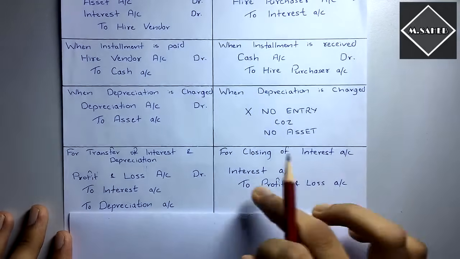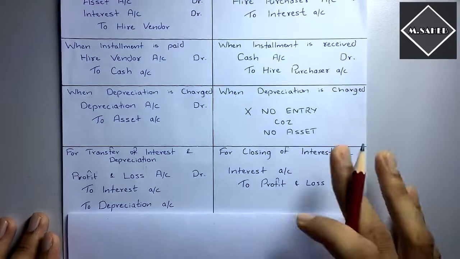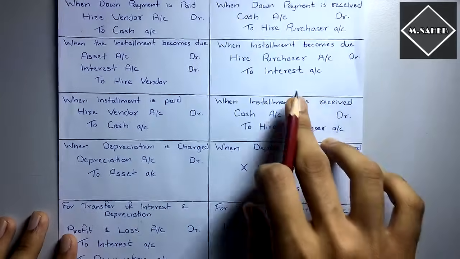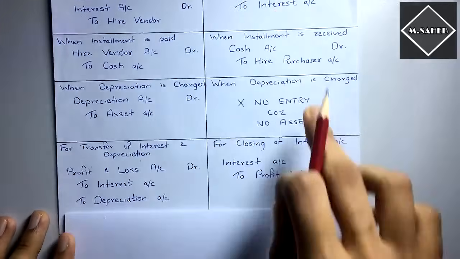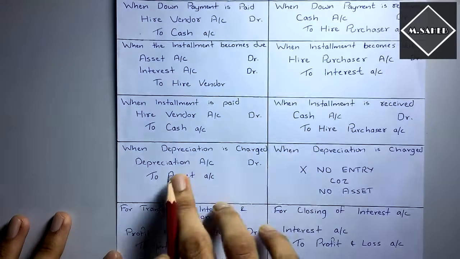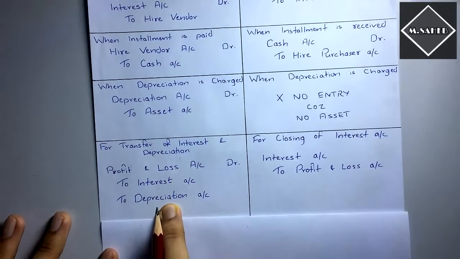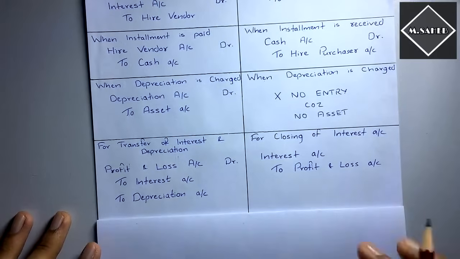Only interest you have to transfer to profit and loss. Simple to remember: here interest was credited, so at last you have to debit it. And here the interest was debited and the depreciation was also debited, so here you have to credit the interest and depreciation. Okay, simple, right?